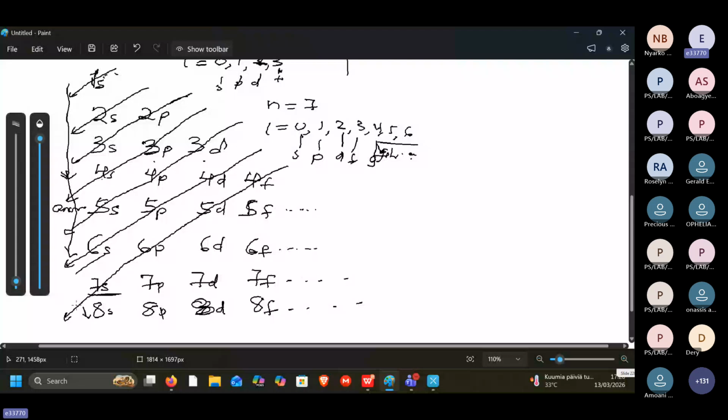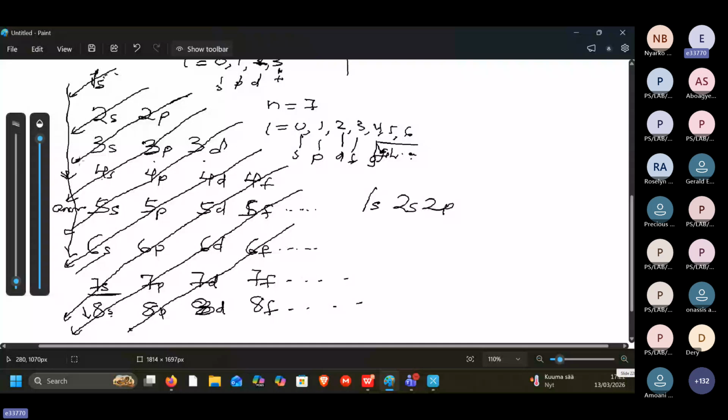So if you want to continue theoretically, after 8s, come to 5g, 6f, 7d, 8p, and then you'll be going on if we have 9 and those stuff. So in other words, if I am going to be filling the orbitals, I'll fill 1s, follow it with 2s, follow it with 2p. Then I'll come to 3s, which will be the next energy level.